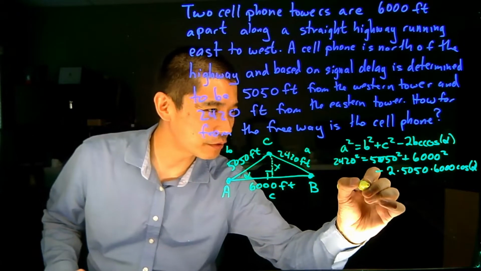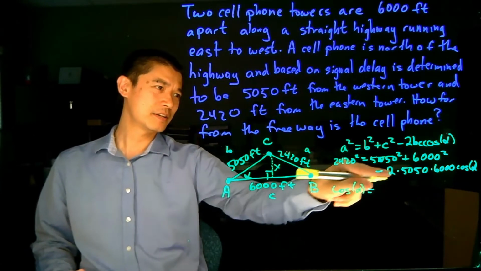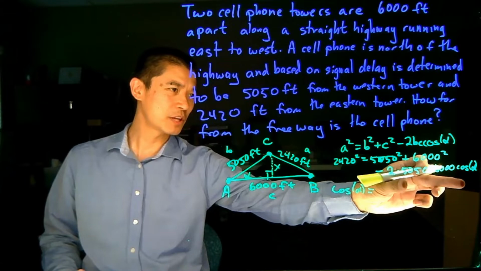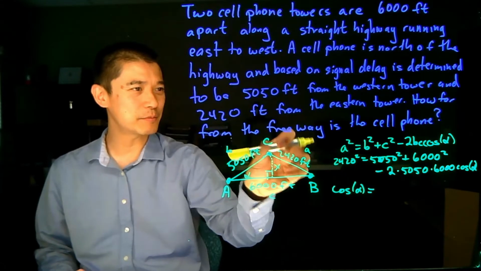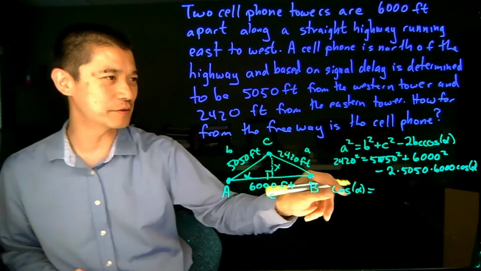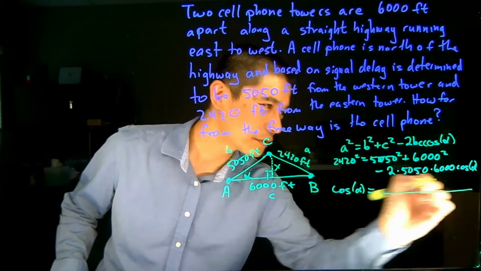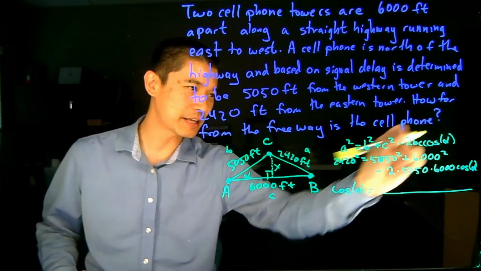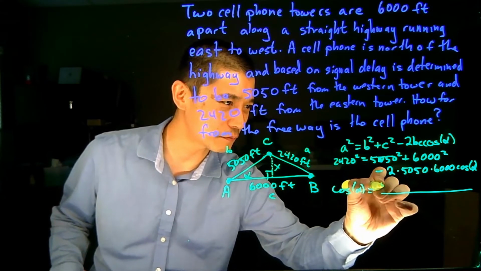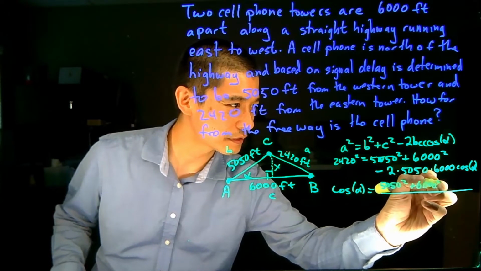So let's go ahead and rearrange this. I'm trying to solve for cosine of alpha. So what do we have to do here? Well, one thing we could do is add this to both sides and subtract that from both sides, and that way our cosine term will have a positive coefficient, and then we'll divide by that whole denominator. So the 5050 squared stays. The 6,000 squared stays.